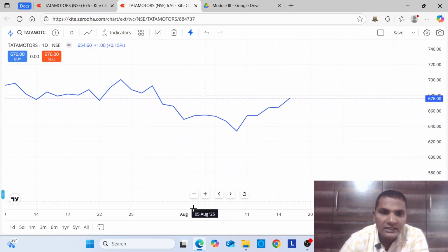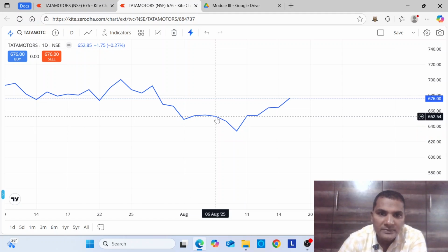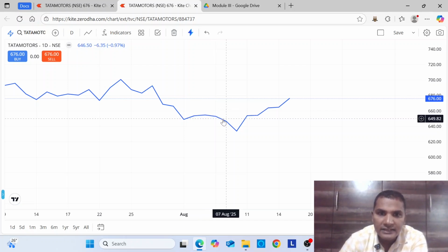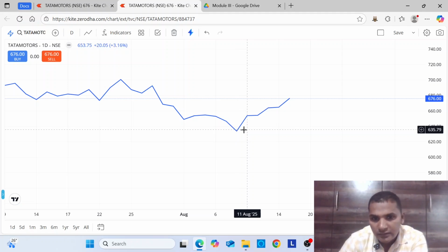As you can see, we'll take an example from the 6th. Look at what price this chart closed at on 6 August: it's about 653. The next day, the 7th, it closed at 643. So we are connecting these closing prices, right. The next day, 8 August, this stock closed at around 634.88. Then 9 and 10 were holidays, maybe Saturday and Sunday.